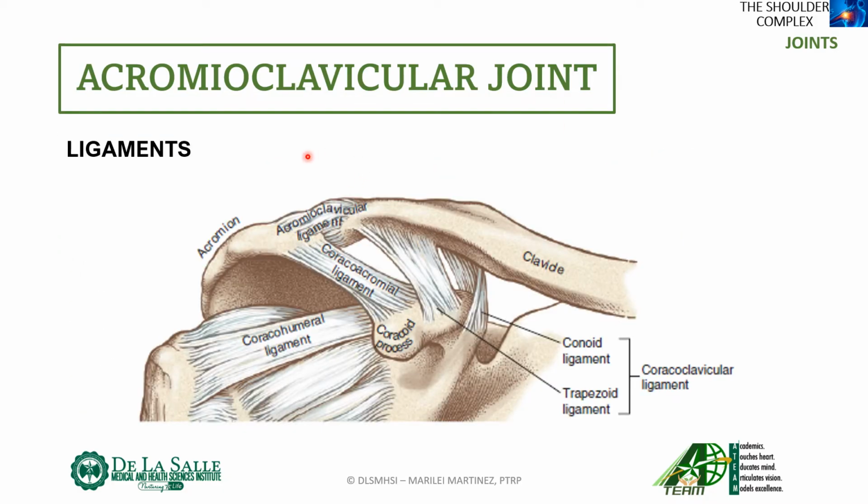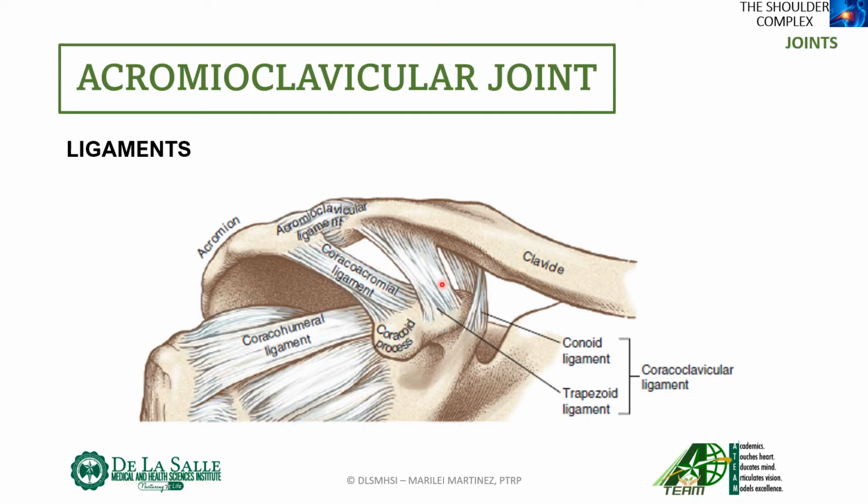For the ligaments, let's start with the acromioclavicular ligament. From the name itself, the attachment of this ligament is the acromion of the scapula and the clavicle. If you look at the anatomical location of the ligament, it really serves its function to reinforce the joint capsule. Next, we have your coracoclavicular ligament, from the coracoid process to the clavicle.